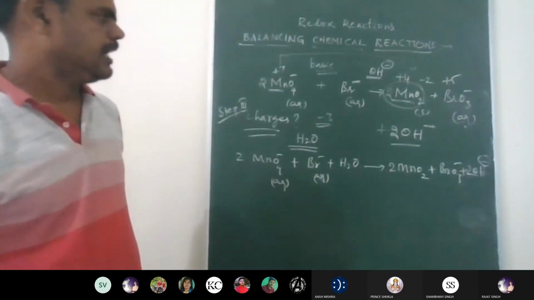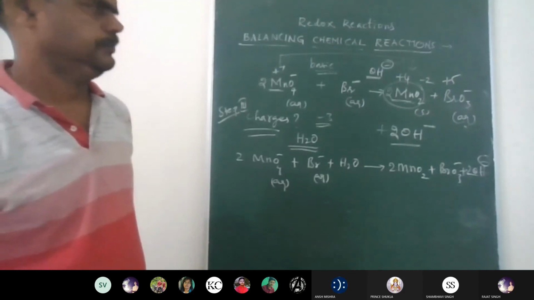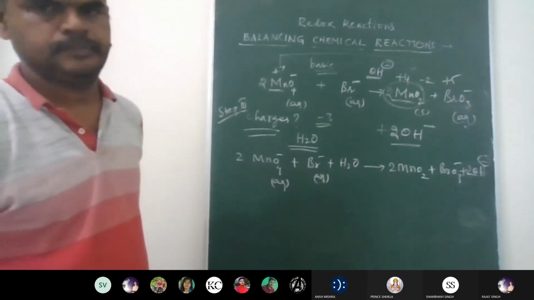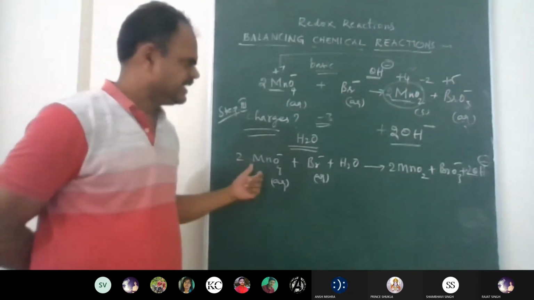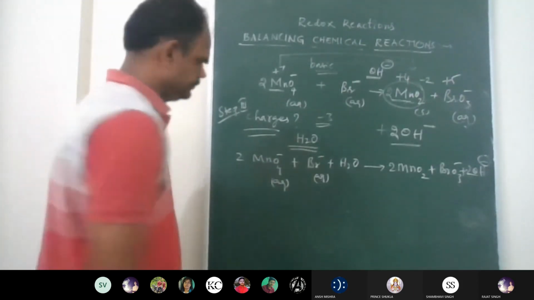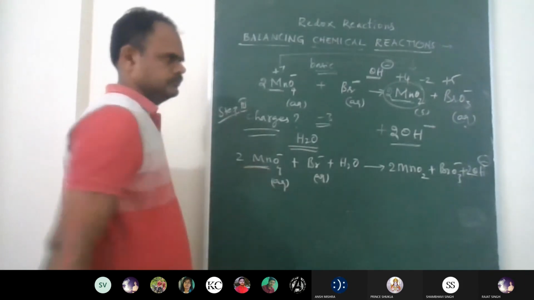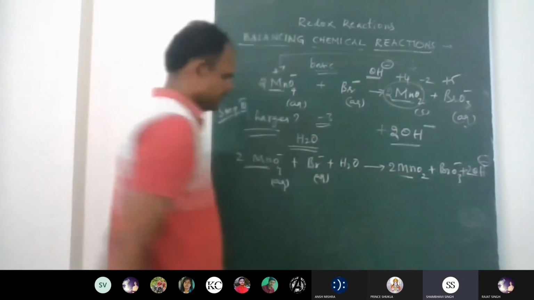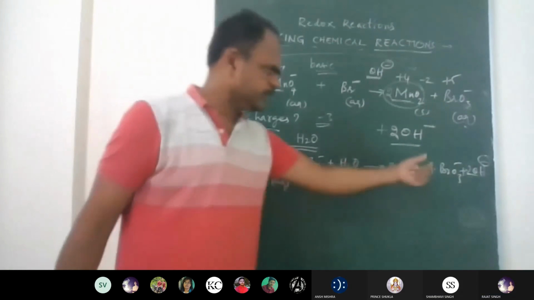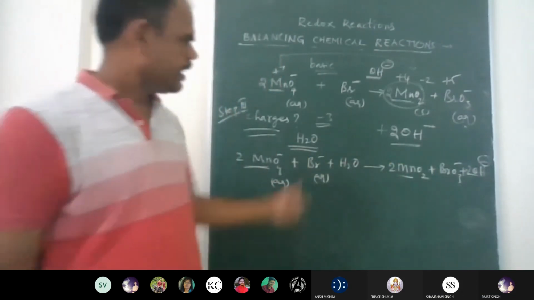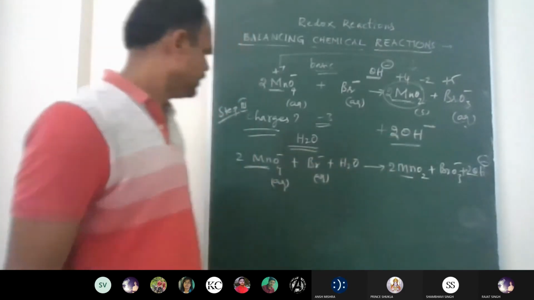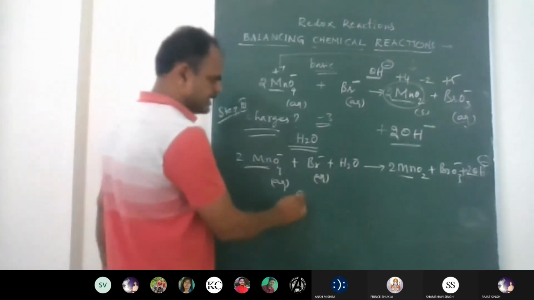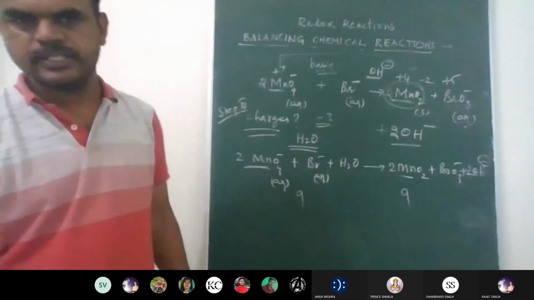Yes, all atoms are balanced. Manganese is balanced. Bromine is balanced. Hydrogen atoms are balanced: this side 2, that side 2. Oxygen atoms: this side 9, this side 9. Oxygen atoms are also balanced.